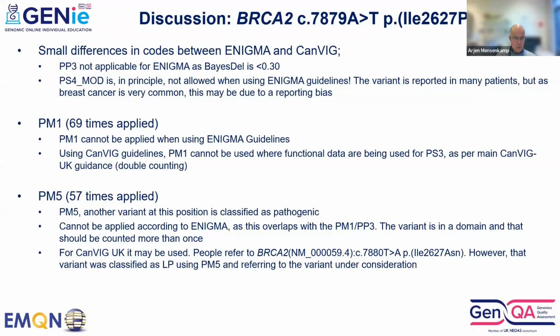However, if you look at the other variant that is indicated there, the isoleucine to asparagine, and if you look closely, that variant is called likely pathogenic based on the fact that the variant here under consideration is pathogenic. So using it here would be a circular argument, and you can't do that, of course. And therefore, you cannot apply PM5, also not when following CanVIC UK guidelines.